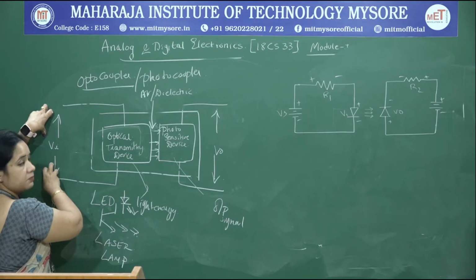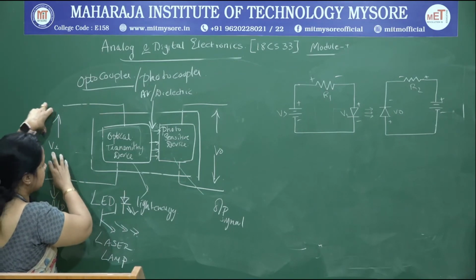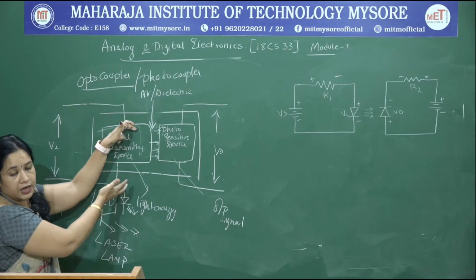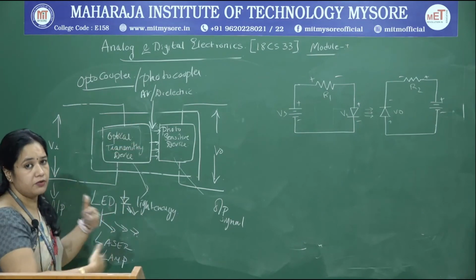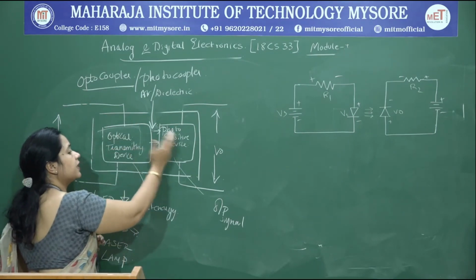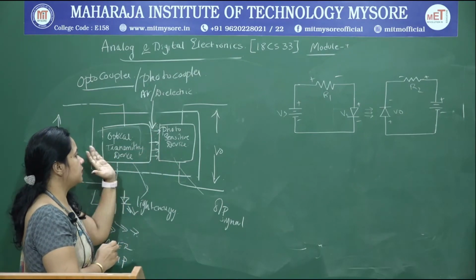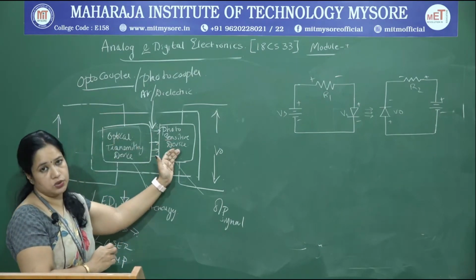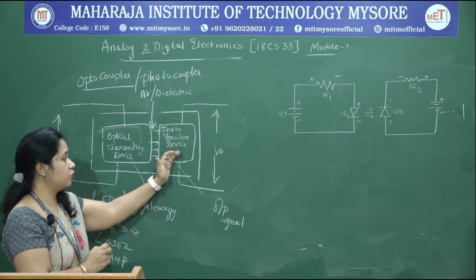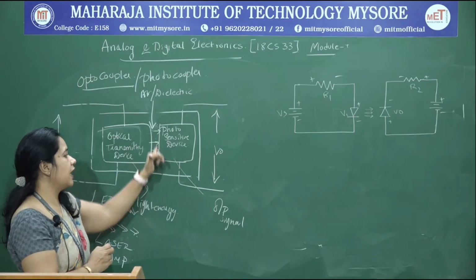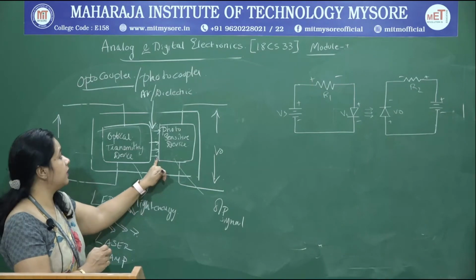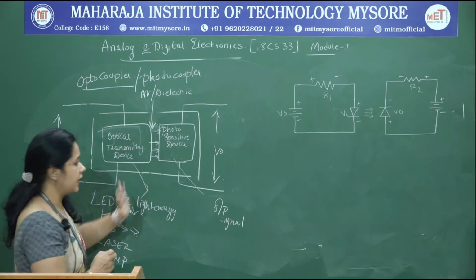So whenever I give some input voltage, this input voltage is converted to corresponding light signals, and this is picked up by your photosensitive device, and we are using in between, to transmit from the transmitting device to the optical sensitive device, some transmitting media which is usually air or dielectric.